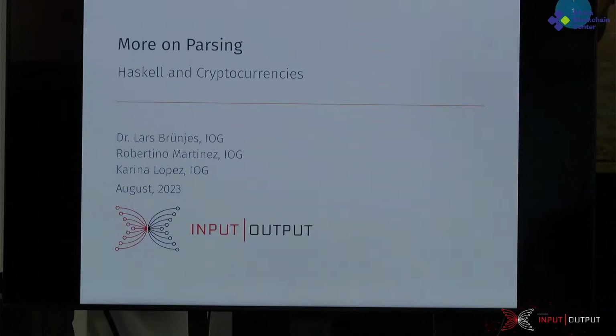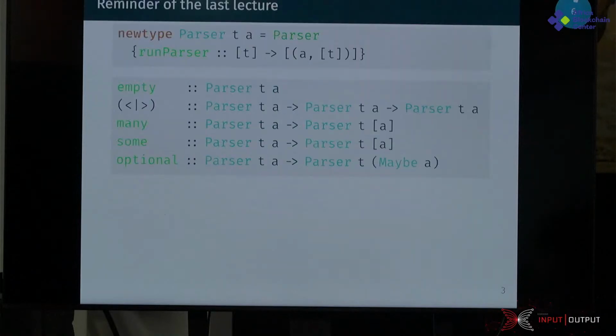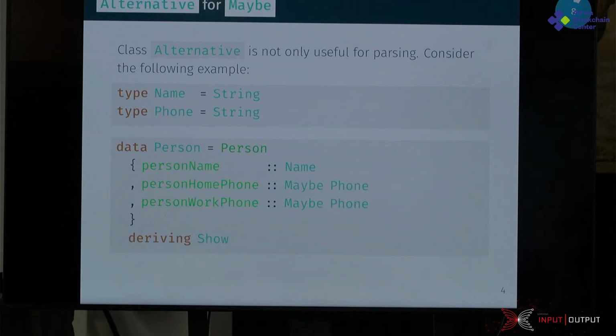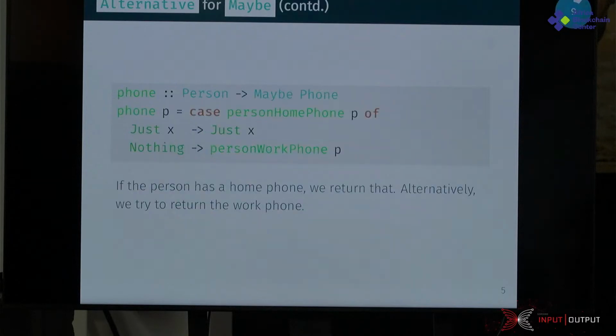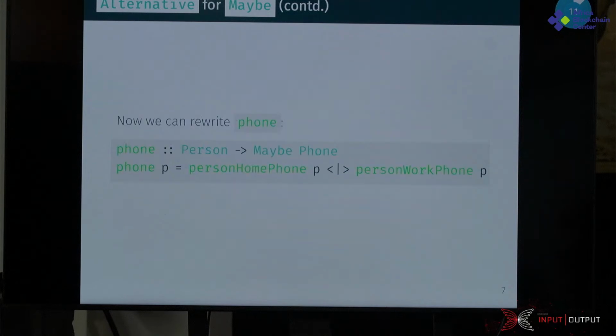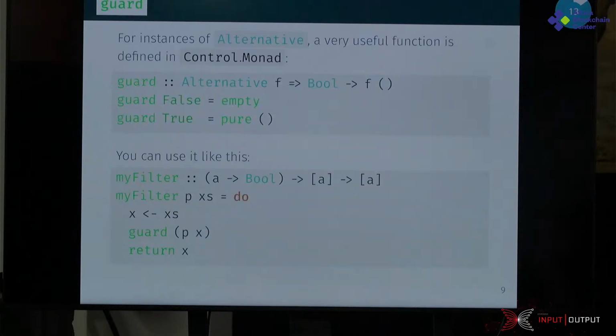It is a recap of Alternative from the first lecture, then this example with Alternative and lists, and then guard, which we should still do.